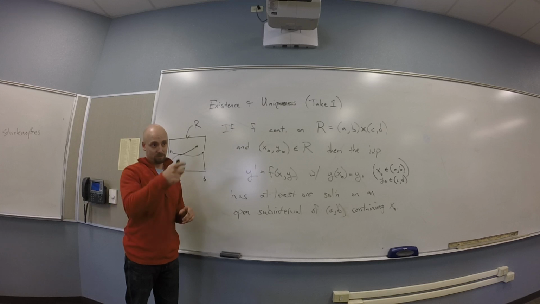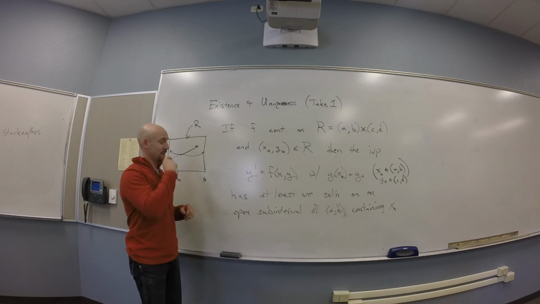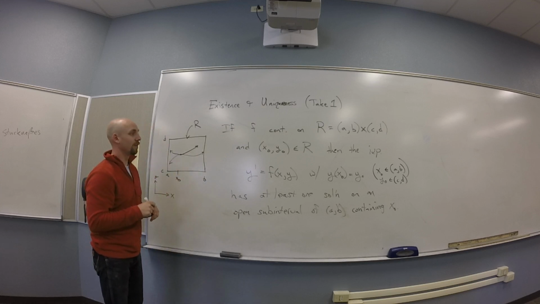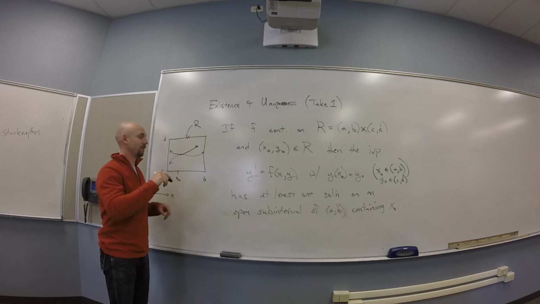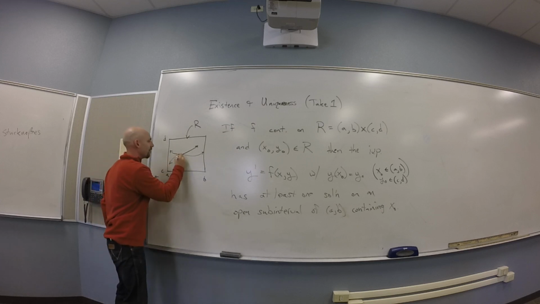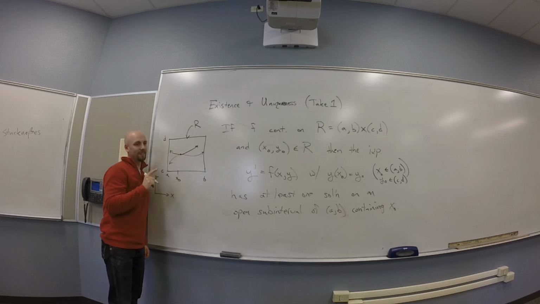I'm a little confused on how there's only one unique slope when you just said you could have two different slopes in the same spot. So what I'm saying is that these two satisfy, and this is a little bit weird, right?